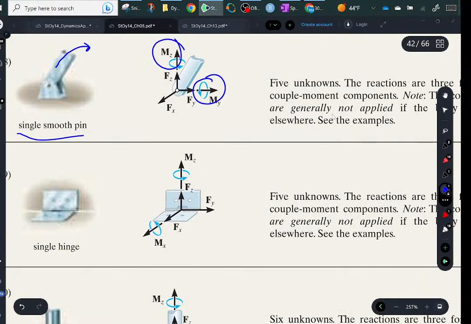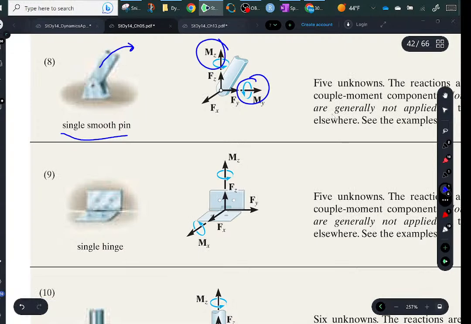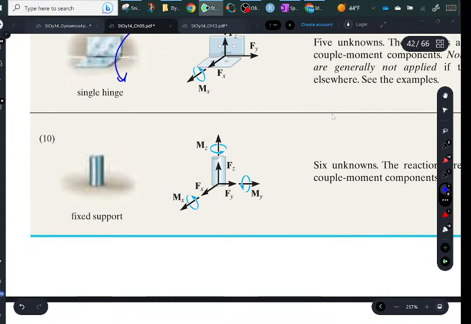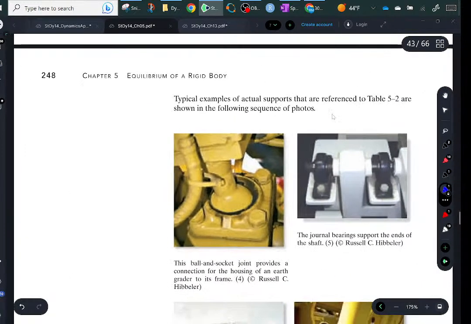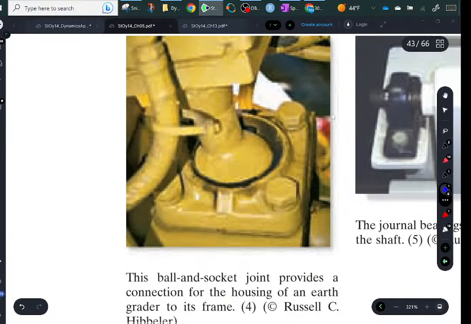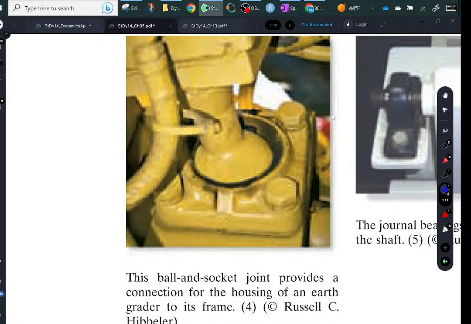Now a single hinge, this is in all sorts of doors. It doesn't take a moment across here. It basically opens and closes. And then you've got the fixed support. It takes everything. It's just like a mailbox welded to the ground or dug in the ground. These are rare, the ball joints, but they do exist.